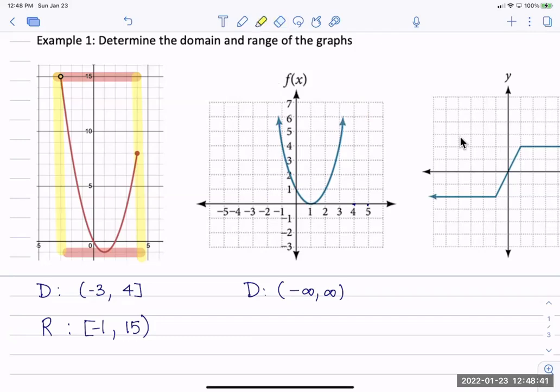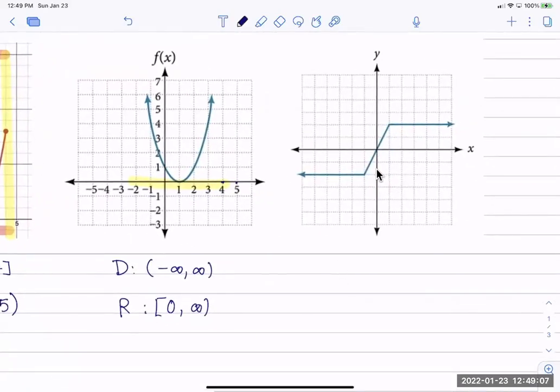Yes, I can actually draw a horizontal line like this, and the lowest point starts from y equals 0. Okay, so from 0 to infinity will be your range. And I have to use a bracket because it doesn't indicate there's an open circle right there. So it's a bracket, okay?